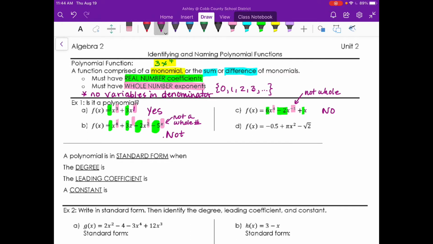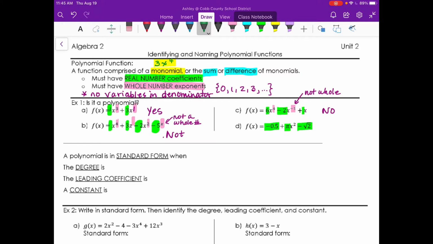And last one, real number coefficients, -0.5, that is real. Pi, it's not very pretty, but it's real. And then negative radical 2, also irrational, just like pi, but it's still a real number. So those are all legal. Let's look at our exponents. Here in the first term, we do not have an x factor.